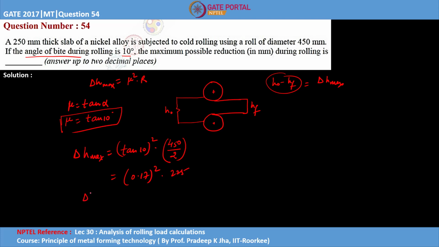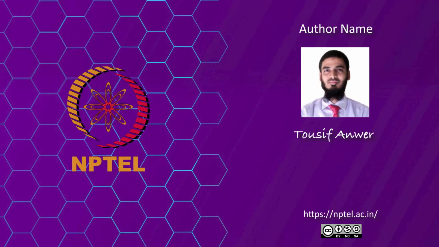So if you solve, delta H max will be equal to 6.995, which is approximately equal to 7 mm. So the maximum possible reduction is 7 mm considering this situation. So the right answer is 7 mm. Thank you.